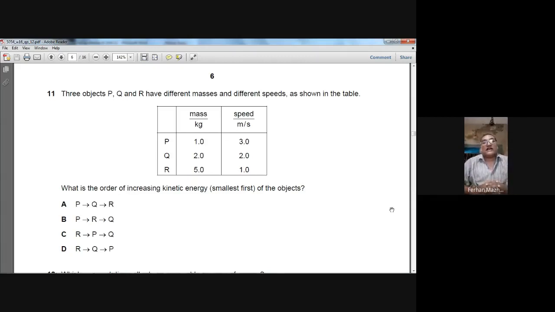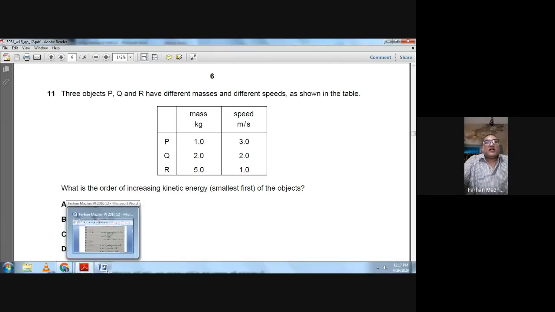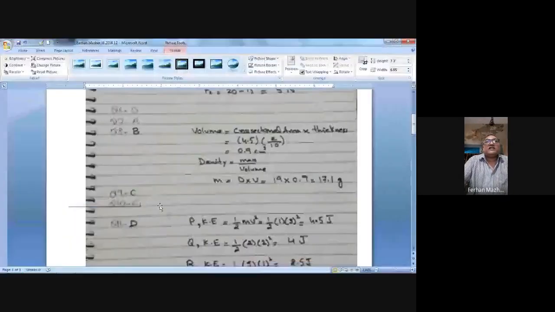The formula for the kinetic energy, you know, is 1 by 2 mv square, half mv square. In the table here, the mass and the speed of P, Q, and R are given. So we will apply the formula and calculate all their kinetic energy, and then we will arrange them. I have already solved it.